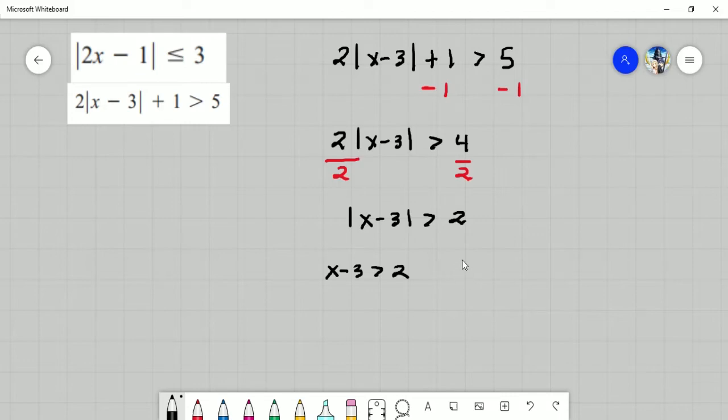And the other one: x minus 3 less than negative 2. We have our 2 different inequalities, and we're going to solve both of them.